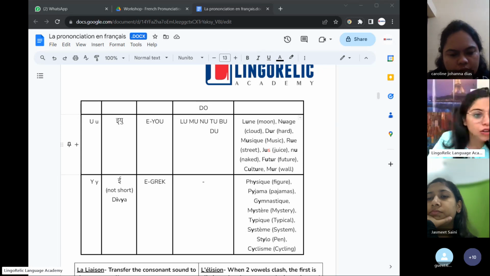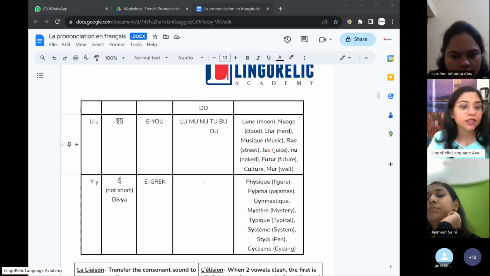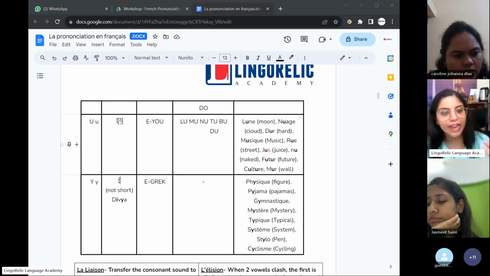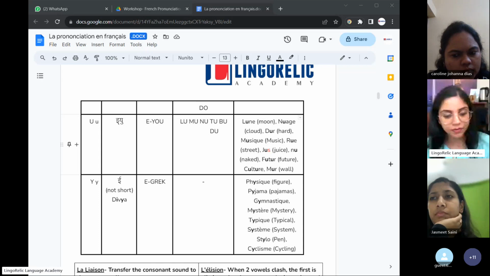Okay, so yes, Anirudh, the word that you wrote is effarouché. The reason for this pronunciation is that when you have double F or anything like double T, double N, it changes to an N, M, F, Et sound. In that case it changes, but otherwise it remains the same.